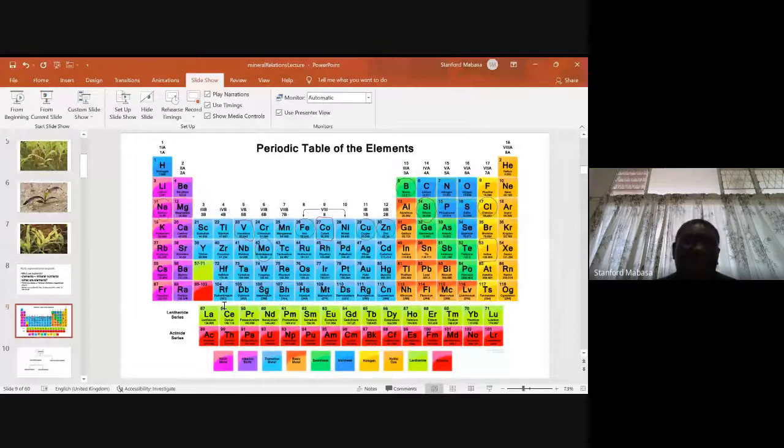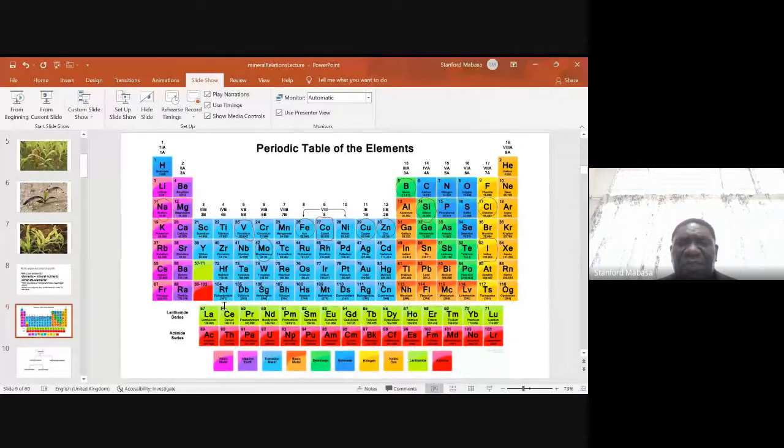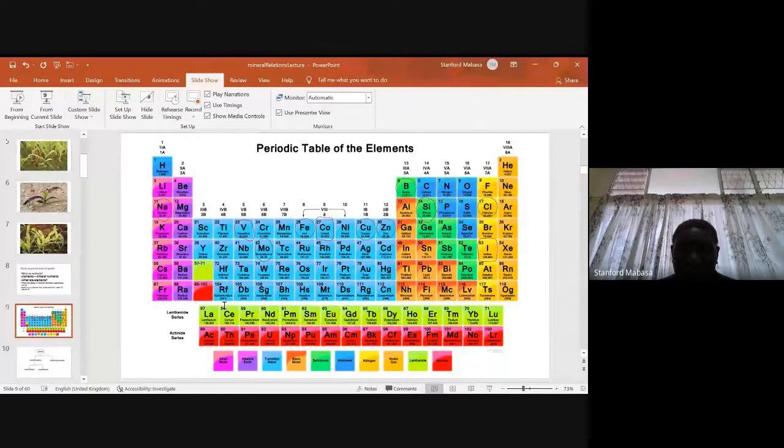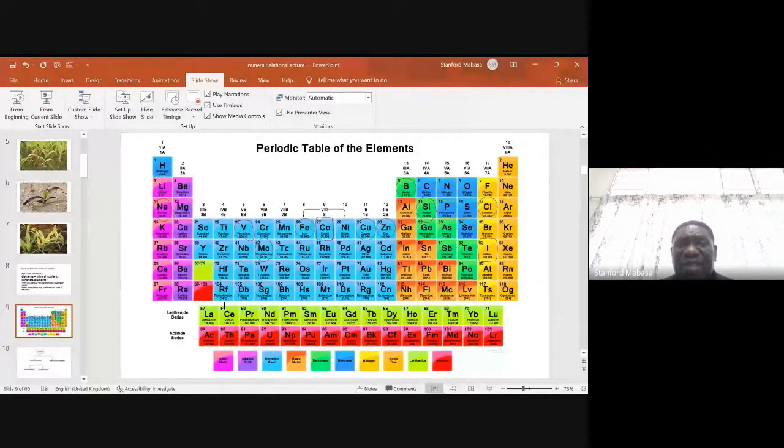What actually happens is that plants could uptake most of these elements on the periodic table, but only 17 are used for growth and the plant metabolism. The rest may not be used for biological processes. So although we have many elements on Earth represented by the periodic table, we will focus on only 17 of them.